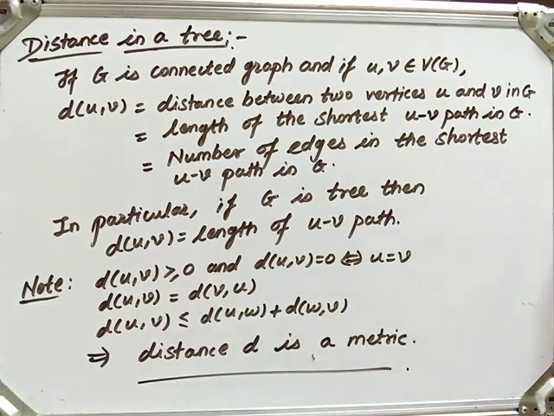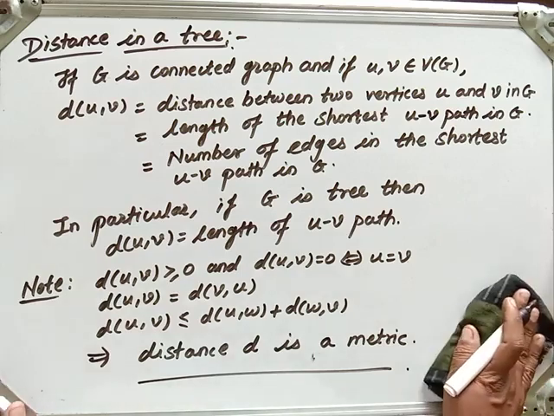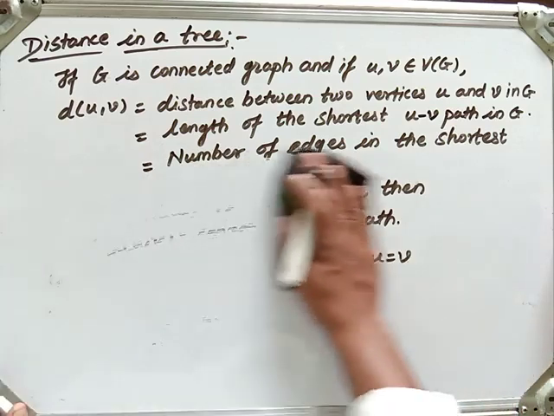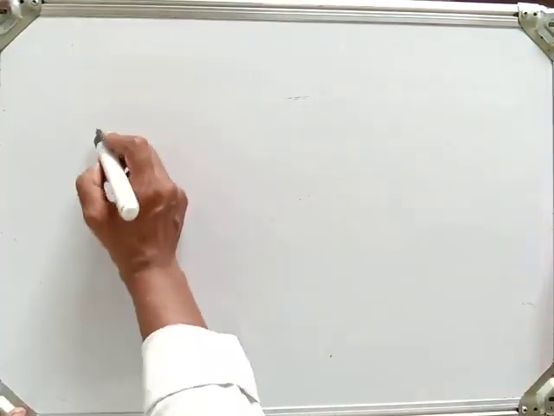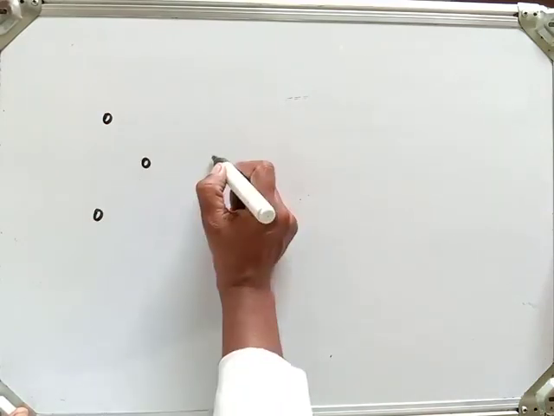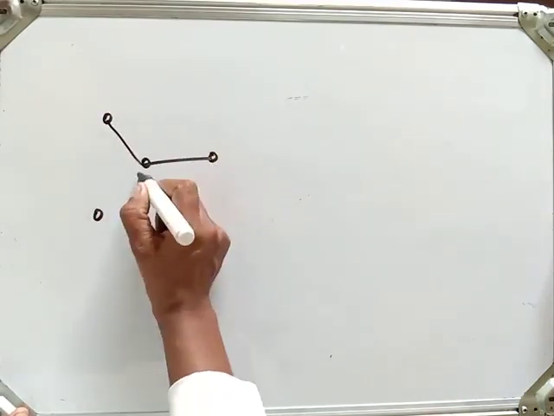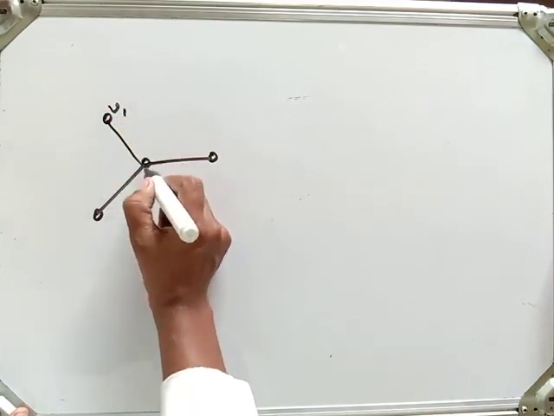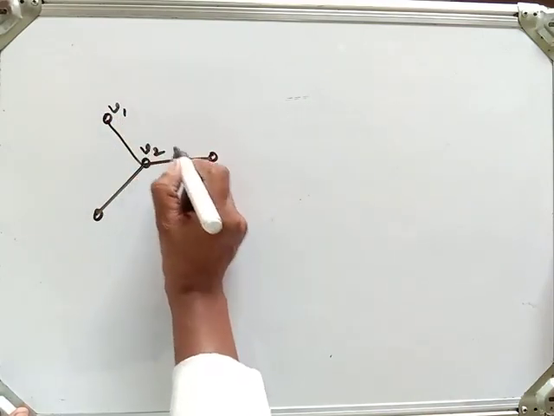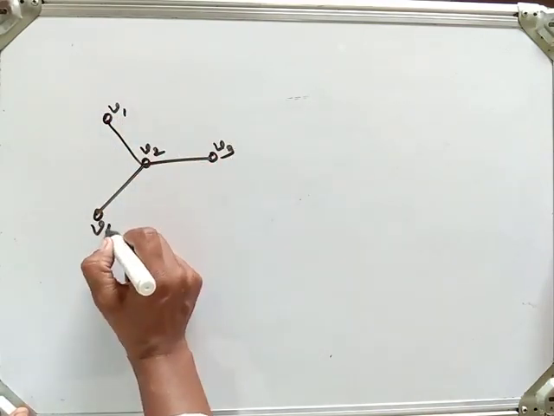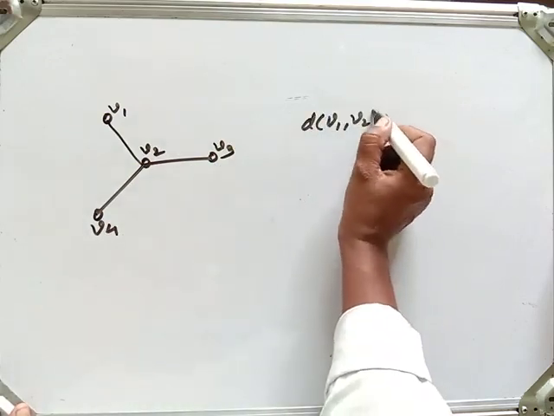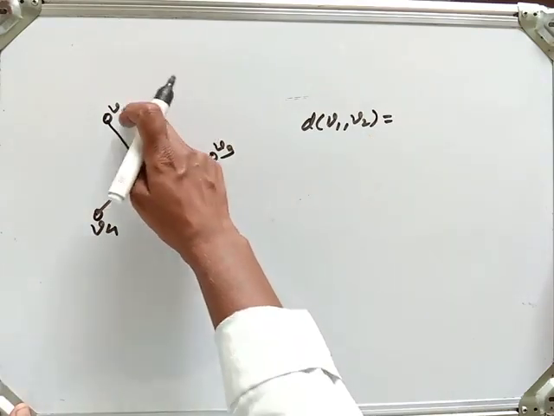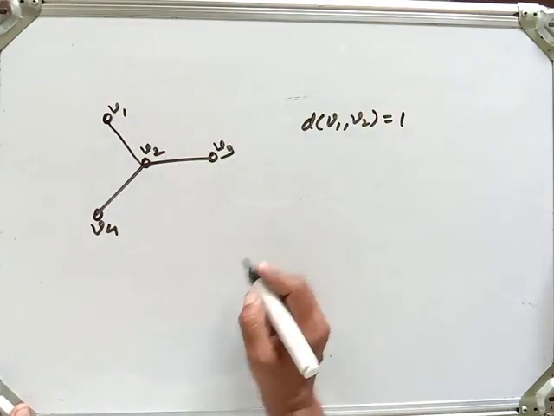So before going towards the next part, let me take one example for the distance in a tree. Suppose we have a graph with vertices v1, v2, v3, v4. To find the distance between v1 and v2, how many edges are there between them? The distance is 1.